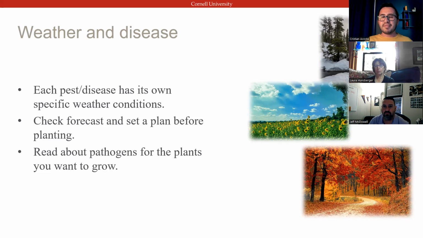So if we know that some pests are a risk for our corn crop, or that a pest can develop in these temperatures with this quantity of water, the precipitation and everything, we need to be attentive to this.